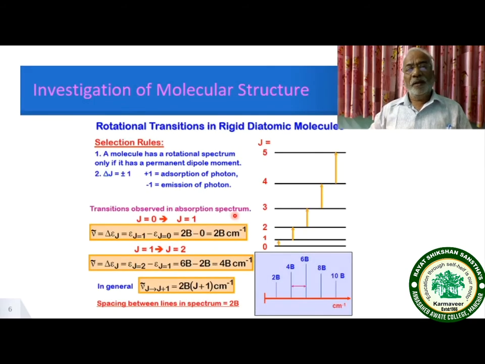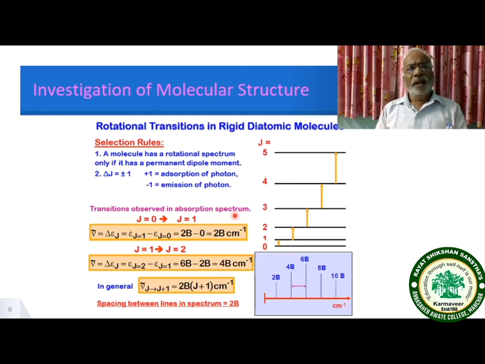Now, we consider here the rule by which rotational transitions are accounted for according to quantum mechanical theory. The rule for a rigid diatomic molecule is considered as a selection rule. The selection rule gives us very specific information about the transition of the molecules.